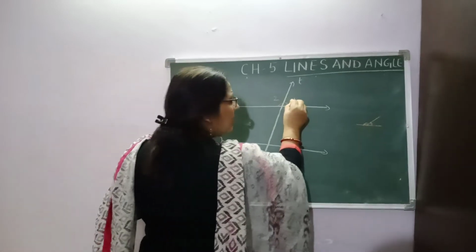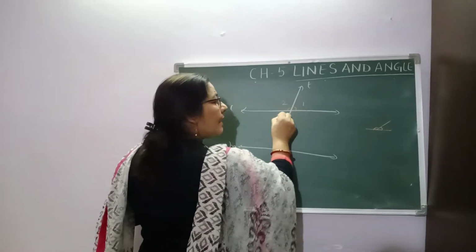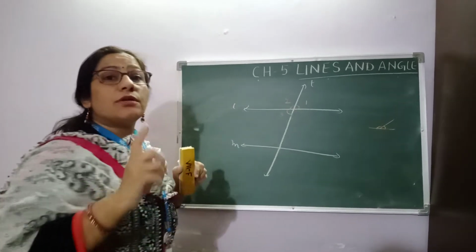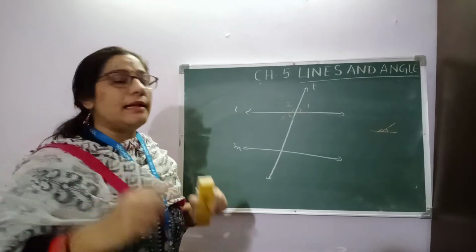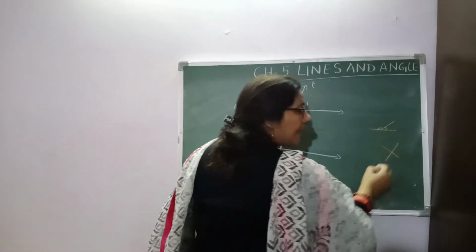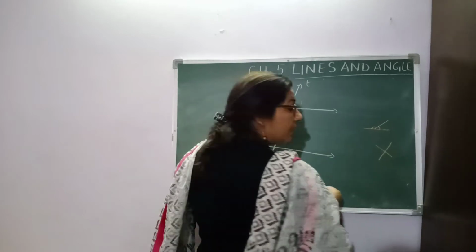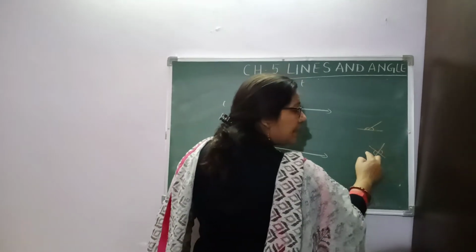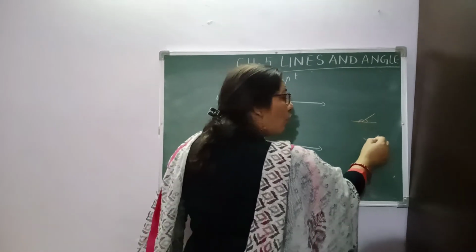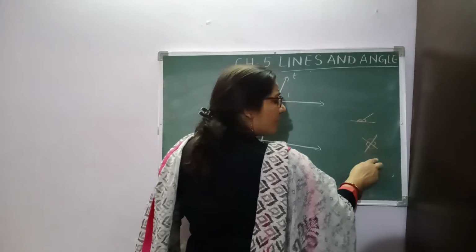Angle 1 is equal to angle 3 due to vertically opposite angles. When two lines intersect each other, their vertically opposite angles are always equal.